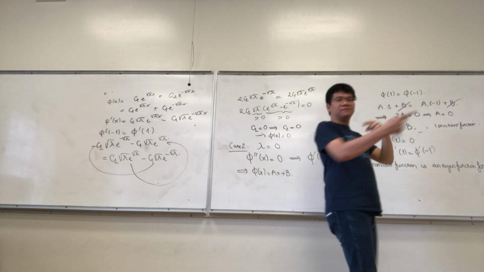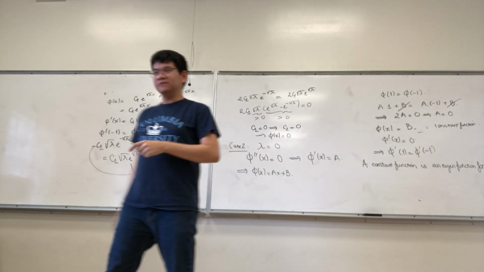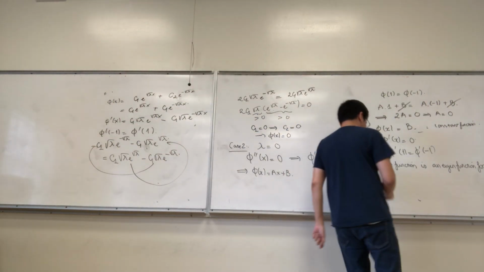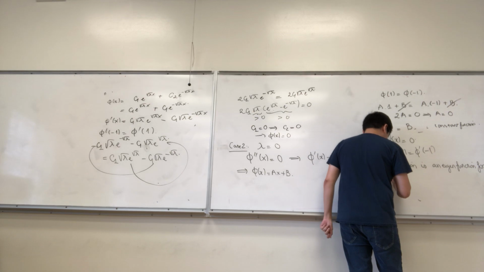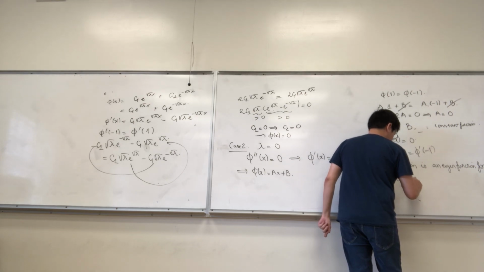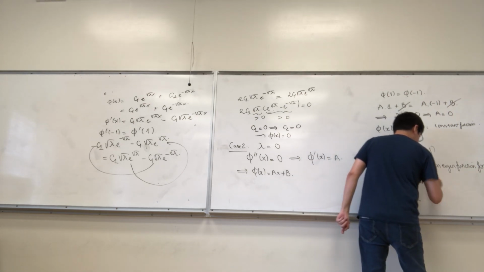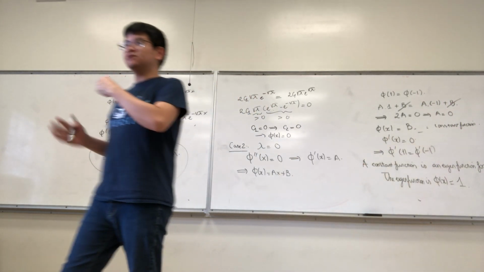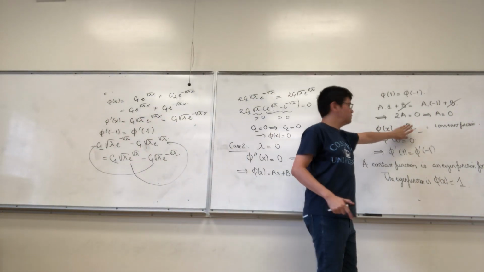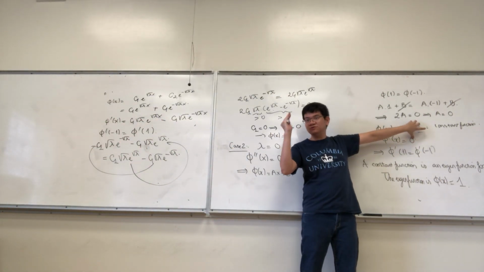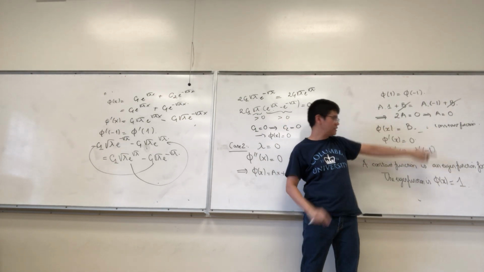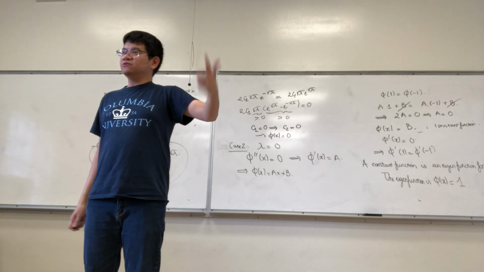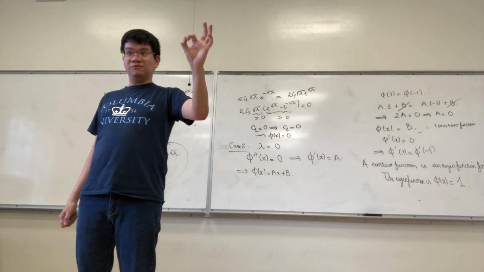But because the constant doesn't make any difference to the expansion, I'm going to say the eigenfunction is phi(x) equal to 1. I can remove the constant and choose it to be 1. So the first eigenfunction is 1, and the associated eigenvalue is 0.